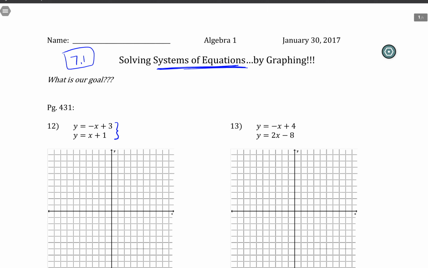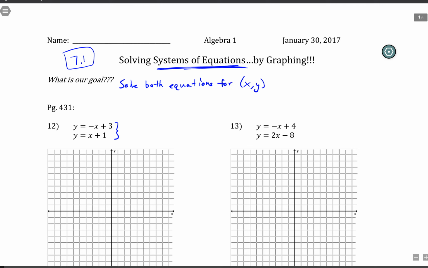So our goal is to solve both equations, and we're going to solve for the xy pair that is true for both. We'll talk about what that means as we solve.